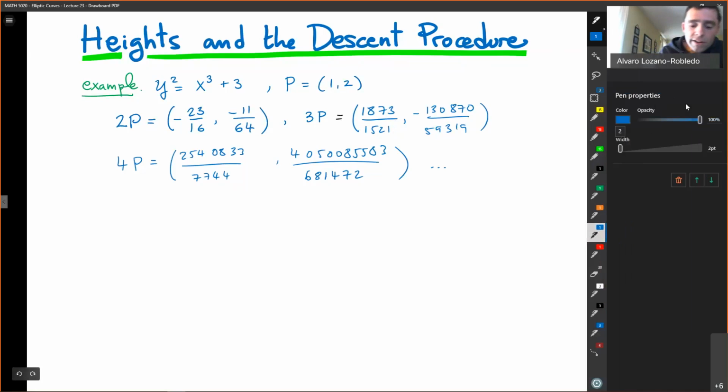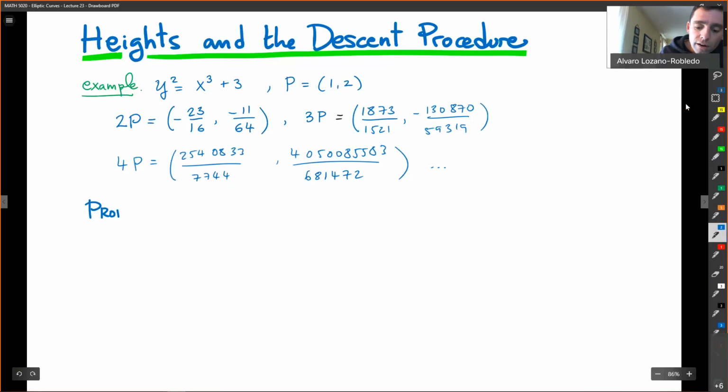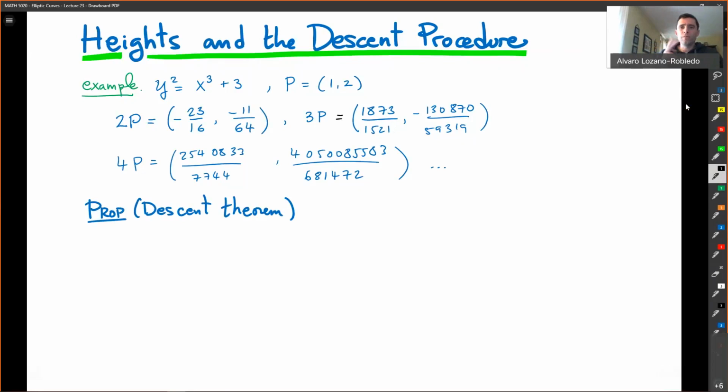All right, so here is what's called the descent theorem. Not the descent as in you don't agree, the descent as you are descending. And it says the following. There are two ways that we're going to use the word descent in this class, and this is the first one of them. I'm not sure exactly where the word descent comes from here, but I have a clue that I'll mention in a moment.